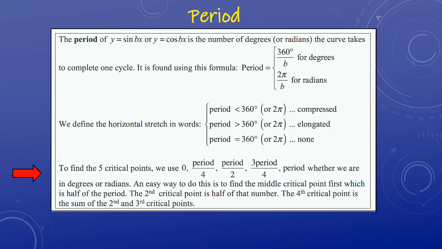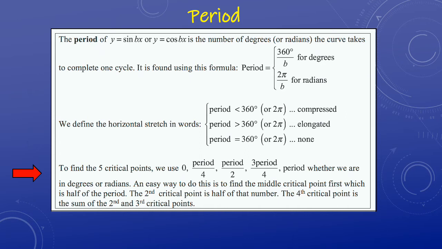Realize that if the period changes, so do our critical points. Instead of using 0, 90, 180, 270, and 360, the critical points will now be 0, 1/4 of the period, 1/2 the period, 3/4 of the period, and the period, whether we're measuring in degrees or radians.